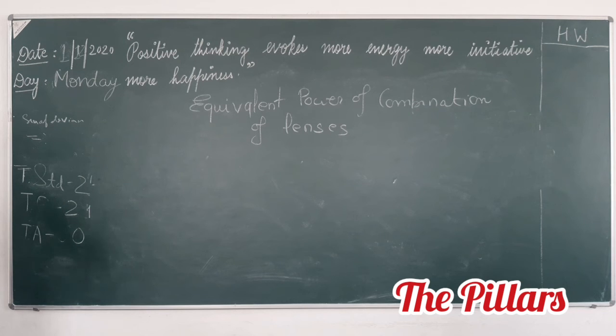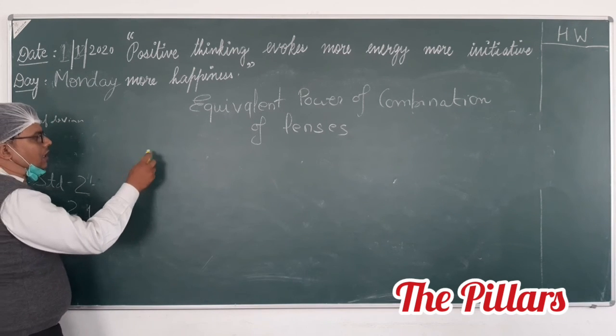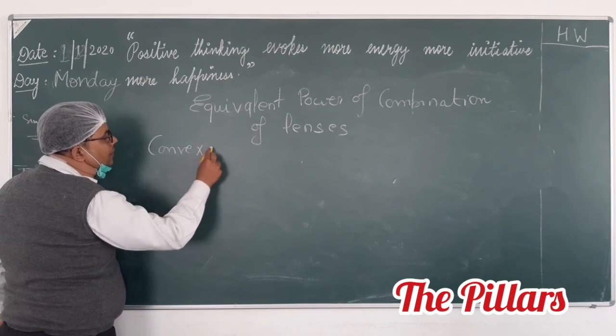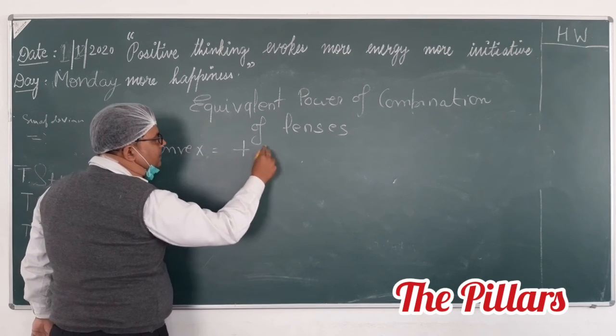Minus 2D. The combination will behave as a concave lens. See, one lens we have is convex. What is the power of the convex lens? Plus 2D.